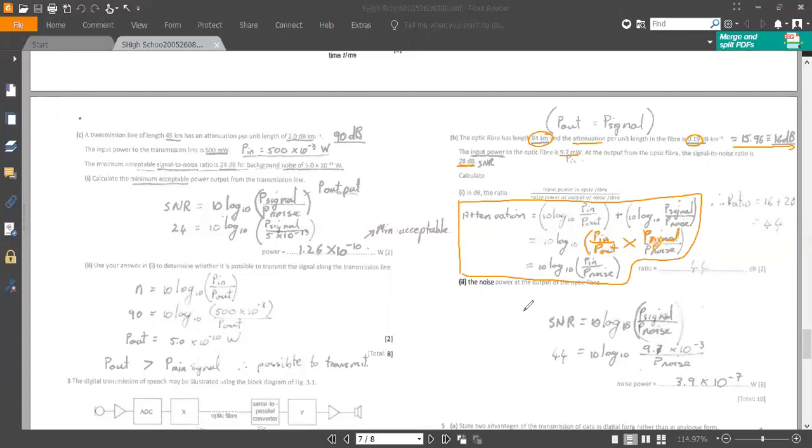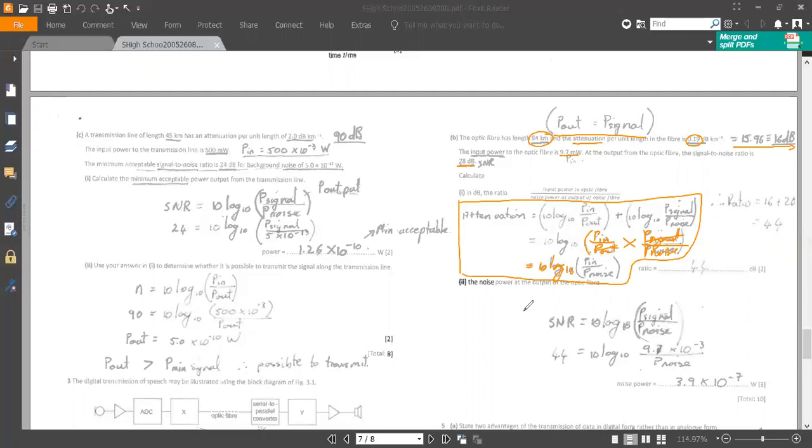signal over P noise. But your signal is your output. Your power out and your power signal are the same thing, so those cancel out. And now you sit with a 10 log. Remember that 10 log just refers to the decibels.